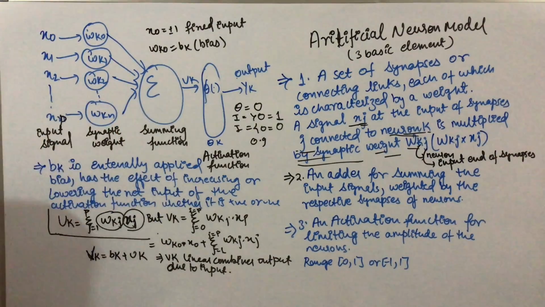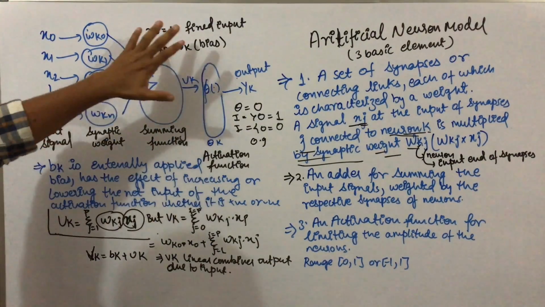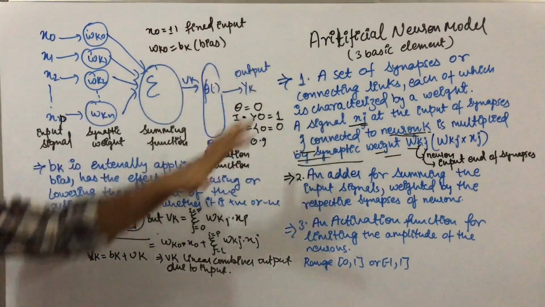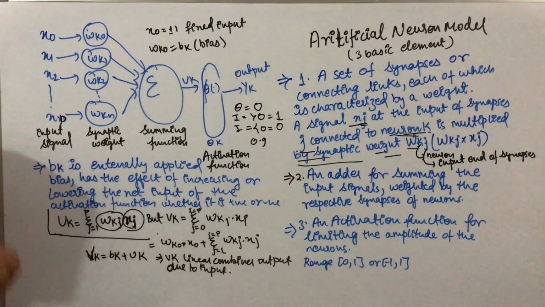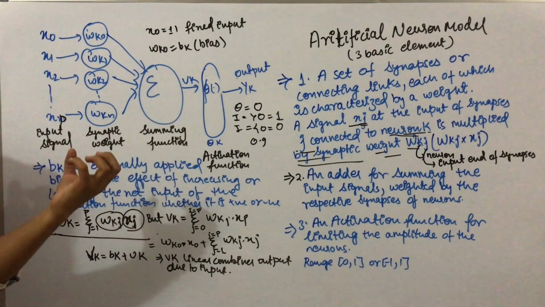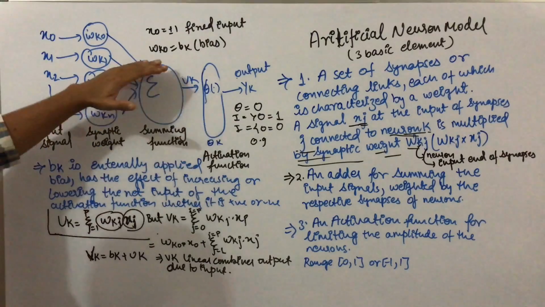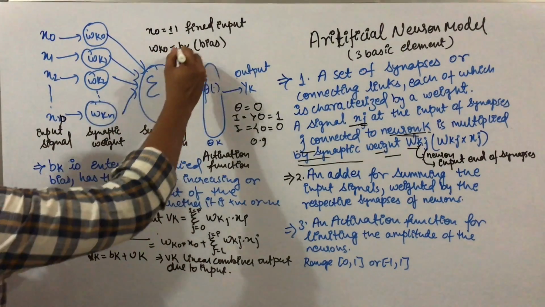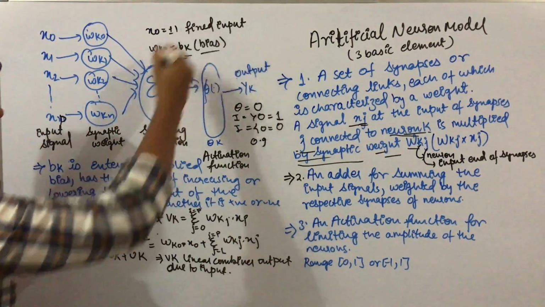In the summation function we have two more values. That is x0, which is a fixed value. We will have x0 as a fixed value that can be +1 or -1, and wk0 as bk, that is the bias.